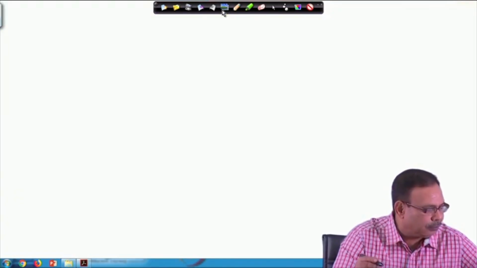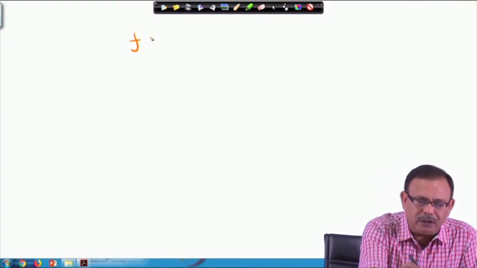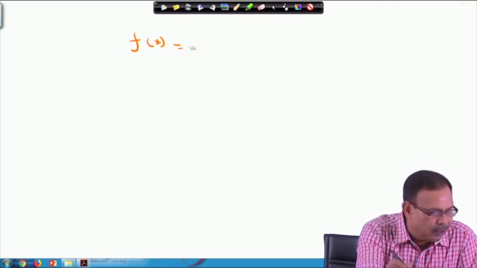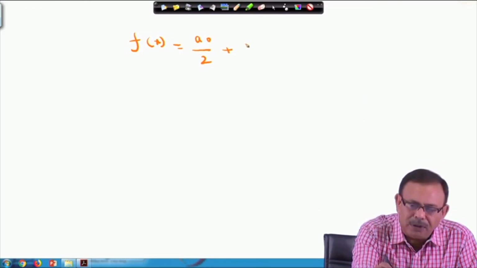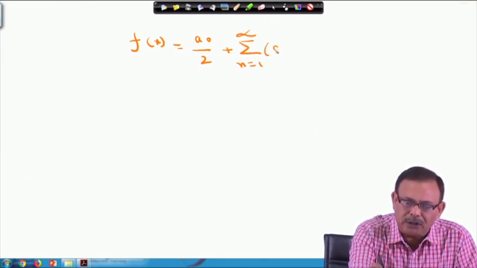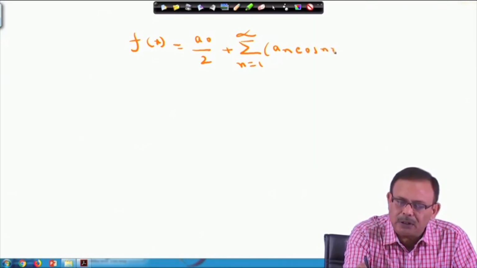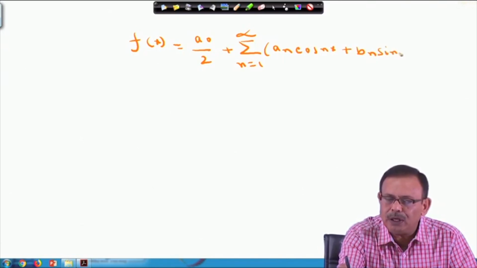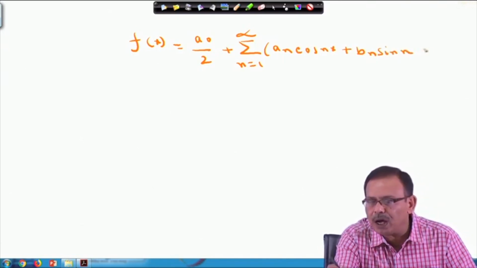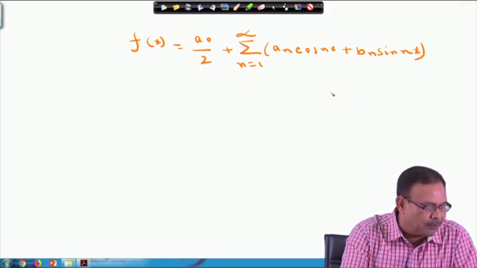See here, for the proof, your f x is defined like this. F x you can write as a 0 by 2 plus summation n equals 1 to infinity a n cos n x plus b n sin n x. So, once I am writing this, your series you can write in this form.